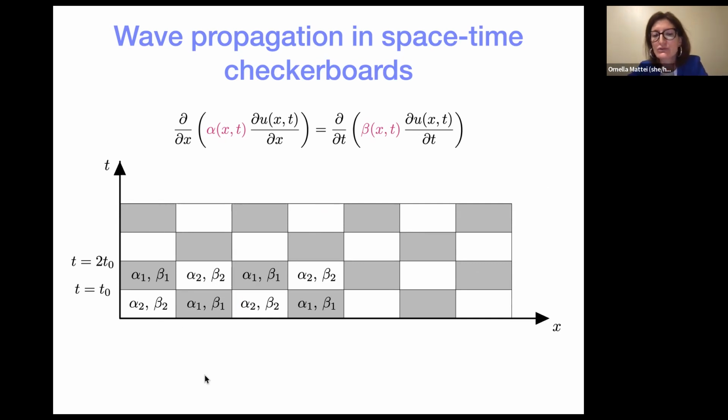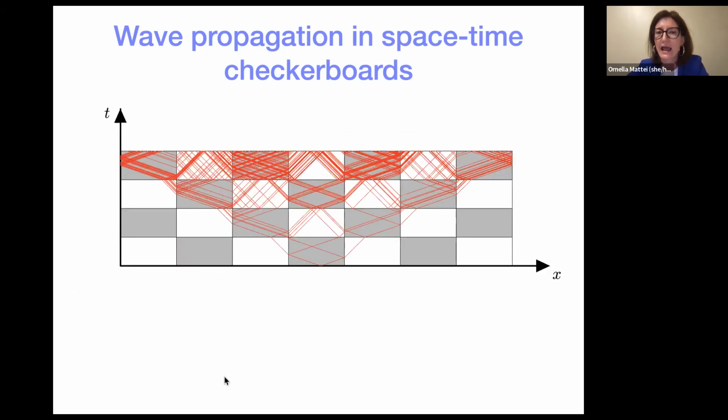And if you don't choose the material properties in any special way, then this is what happens when you send in a pulse and it splits at every time and space interface. You end up with a cascade of disturbances that is kind of difficult to keep track of. And here, the intensity of the wave will not be overall finite, but it will increase exponentially in time.